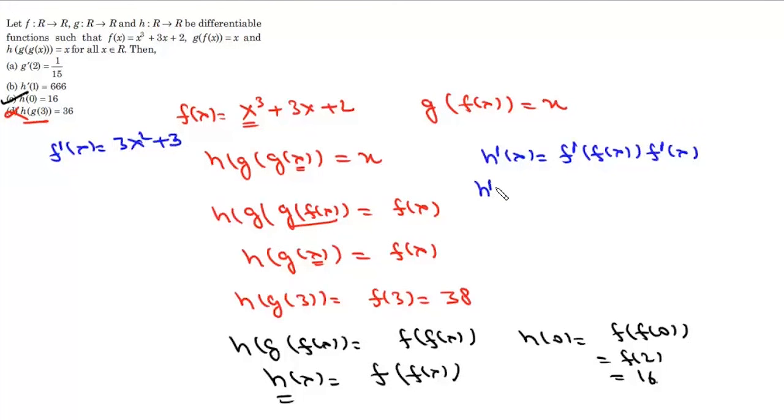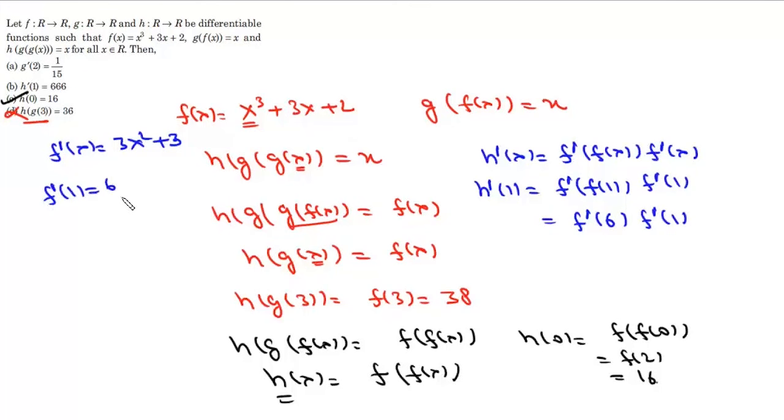Now we need to find h dash 1, and h dash 1 is f dash f(1) into f dash 1. Now we look at f(1). f(1) is 6. So it will be f dash 6 into f dash 1. Now f dash 1 is 6 and f dash 6 is 111. So this value will be 111 into 6, and is going to be 666, and that means this option B is correct.